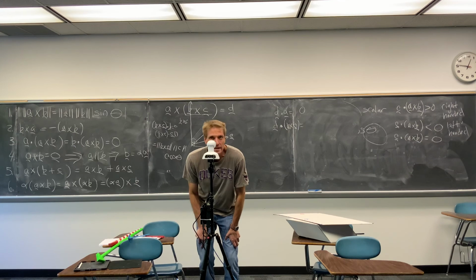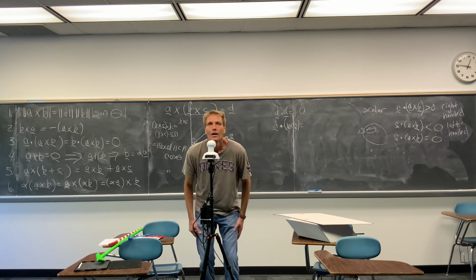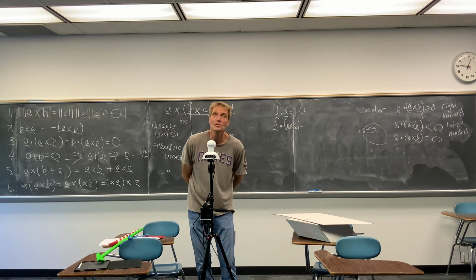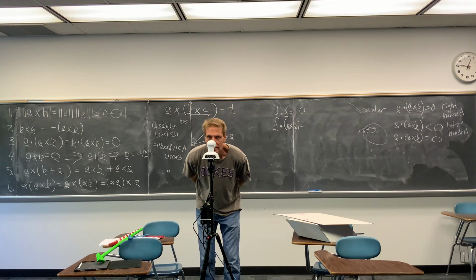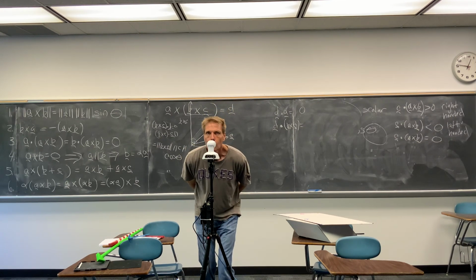The screw orientation? Well, it does represent the screw orientation a little bit. Yeah, but geometrically, what does it represent? The volume of the parallelepiped. Say that. Volume of the parallelepiped.